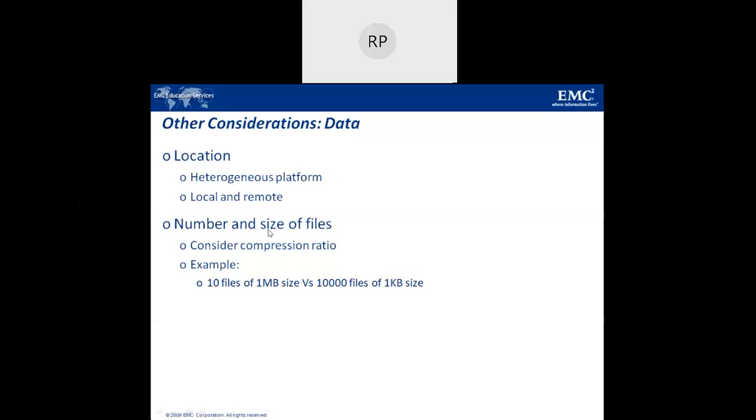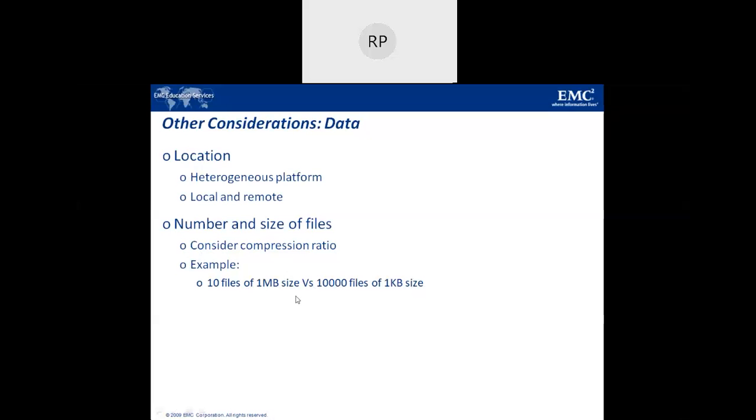Then, number and size of files. To take a backup, we are going to determine the number and size of each backup file. And here we are going to consider the compression ratio, because, for example, 10 files of 1 MB size versus 10,000 files of 1 KB size.